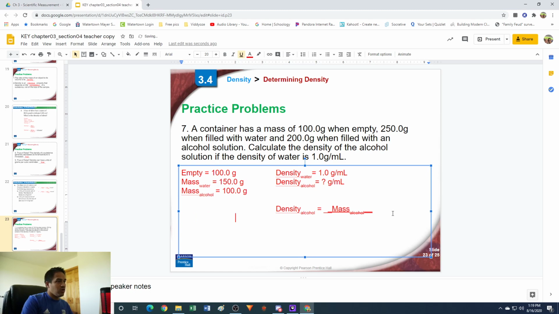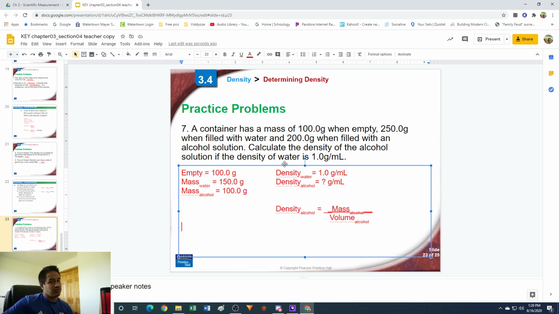Now we don't know what the volume of the alcohol is, but we do know the mass. So in order to solve this problem, we need to figure out the volume of the alcohol. We have the mass right here, so this is going to be 100 grams divided by some number.